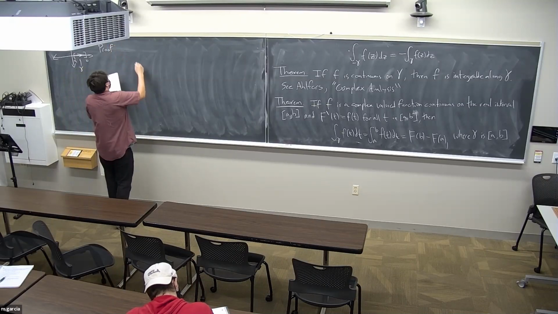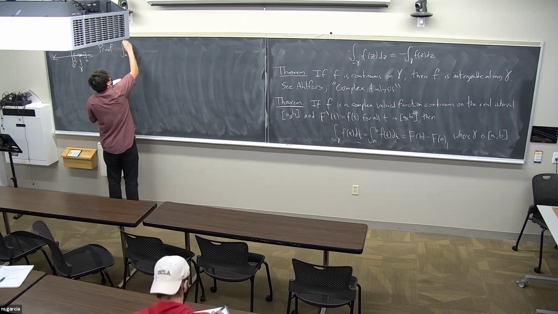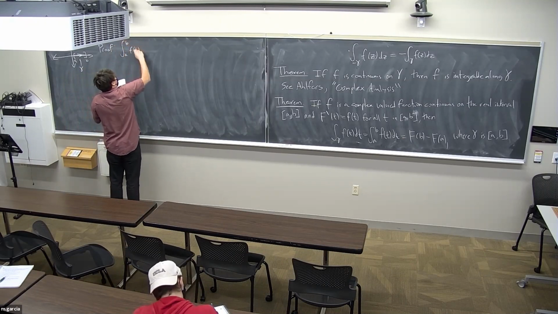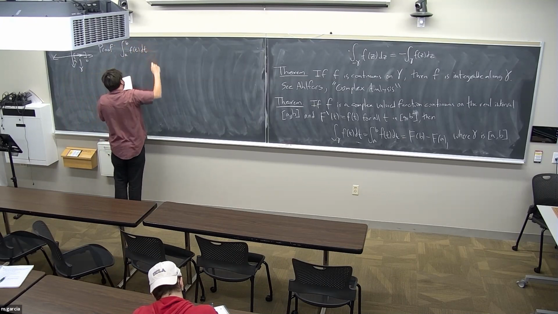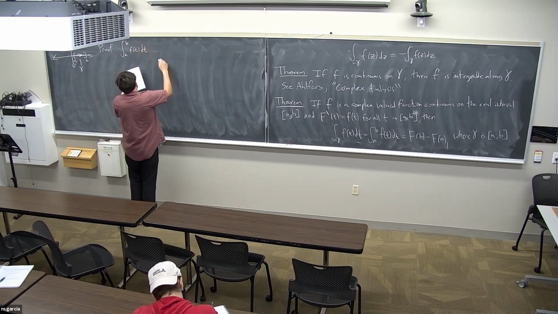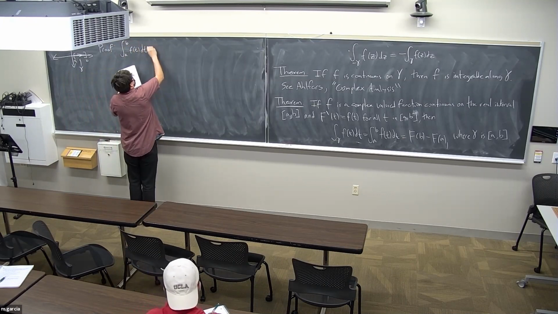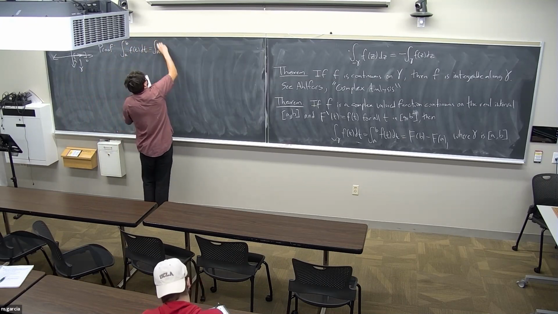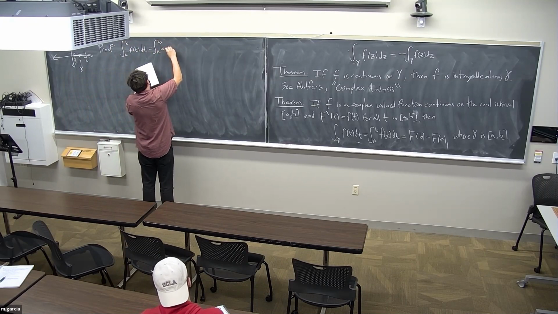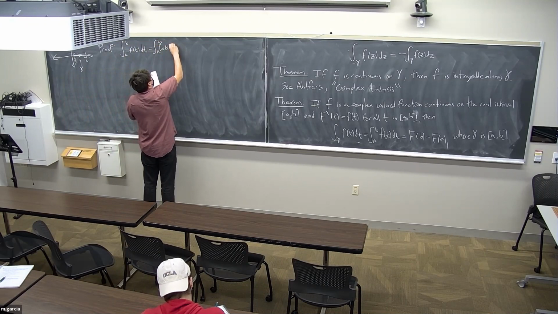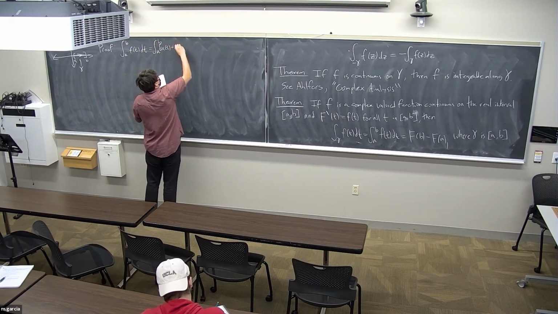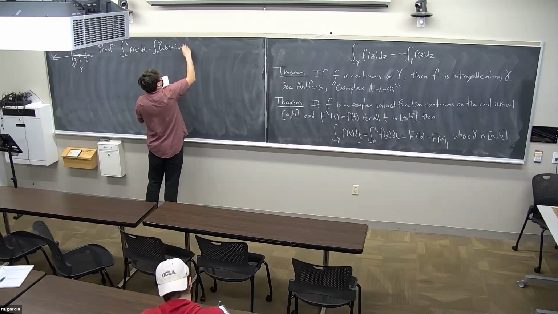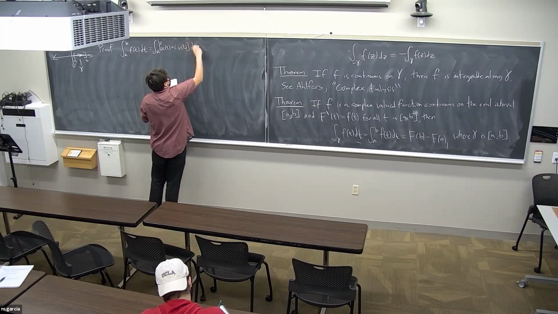So, the integral from A to B of f of t dt is just the integral from A to B of u of t, I'll put this in square brackets, plus i v of t dt.